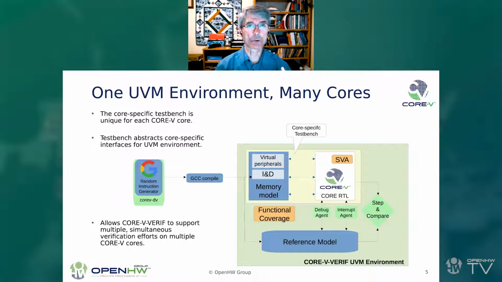The role of this core test bench is to abstract away the core-specific features that the UVM environment doesn't need to know about. So the UVM environment doesn't need to know about the memory interfaces. A generic core has a memory interface that executes a program. You can abstract that away. And that's how we can have a single UVM environment dealing with multiple cores that may have all physically different interfaces.